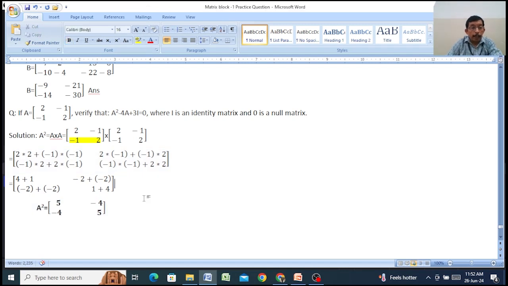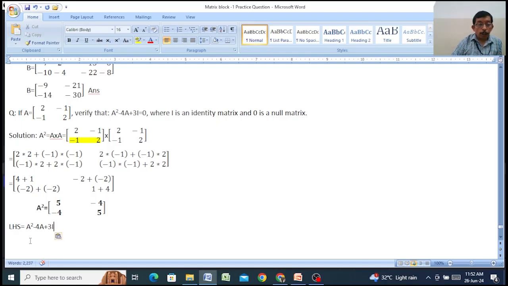Now we take the left hand side. LHS is equal to A square minus 4A plus 3I, where I is the identity matrix of second order.